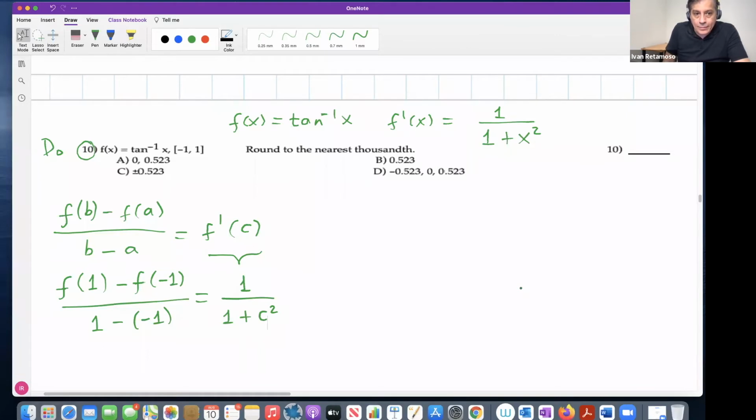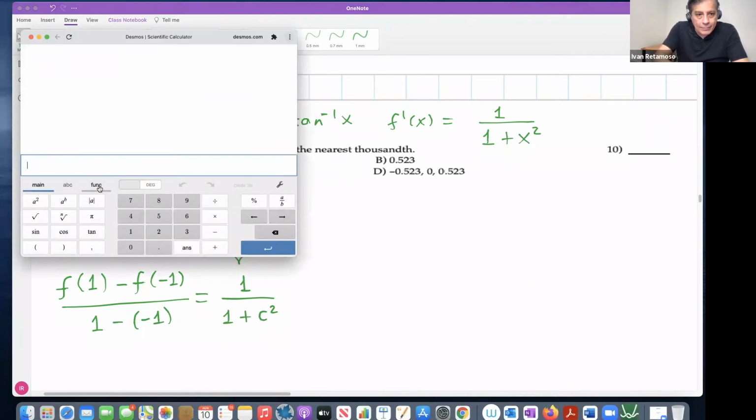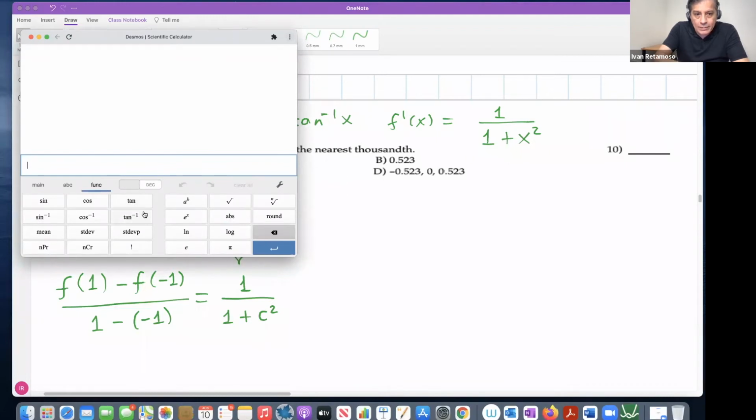And to compute those tangent inverses, use the Desmos scientific calculator, right? Click on function, tangent inverse is there. Use this, tangent inverse. Sometimes students ask me, shall I click radians, degrees?